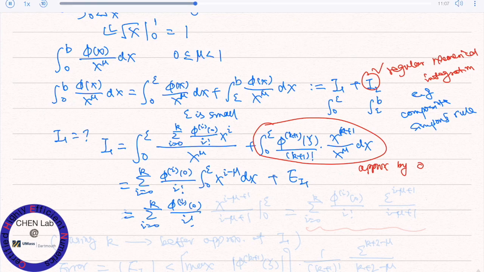So mu is less than 1, which means i minus mu is larger than negative 1. Otherwise you would have a log. When it's larger than negative 1, its antiderivative is you raise the power by 1, so it's x to the i minus mu plus 1 divided by i minus mu plus 1, evaluated between 0 and epsilon.